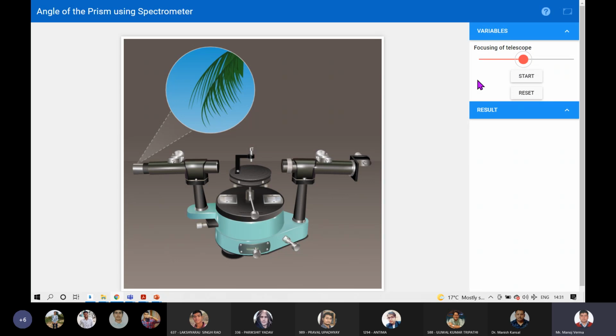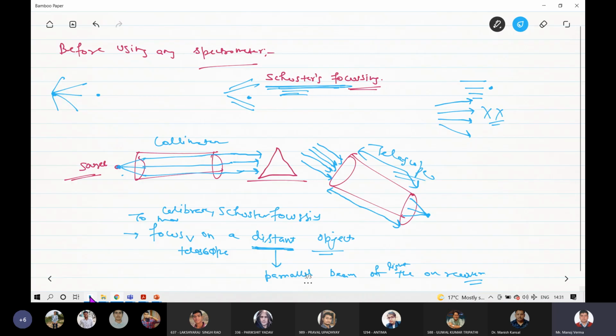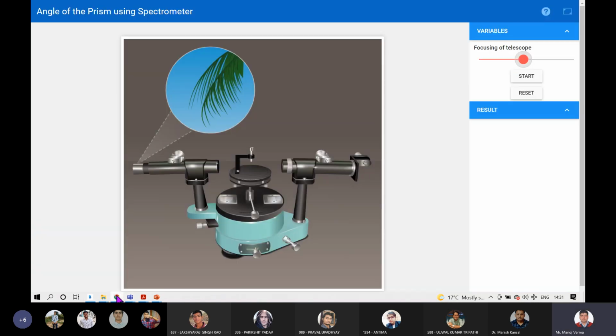So I can say that for this particular length between this eyepiece and this convex lens, the parallel beams from a distant object are forming a very sharp image on the eyepiece. After focusing this telescope, even in offline mode, you were supposed to do this thing.